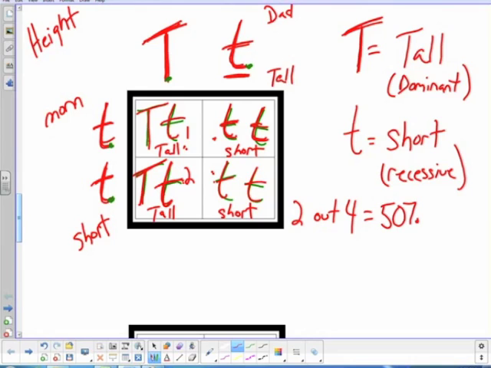So there's a 50% chance that the offspring will be tall. And then I have two out of four that the offspring will be short. So I have two out of four, or 50% chance that the offspring will be short.